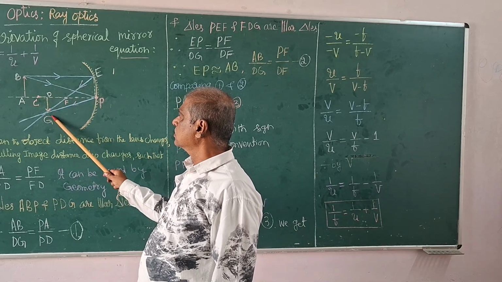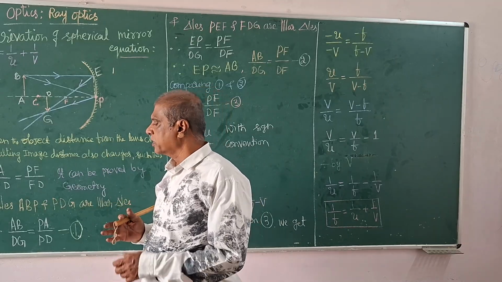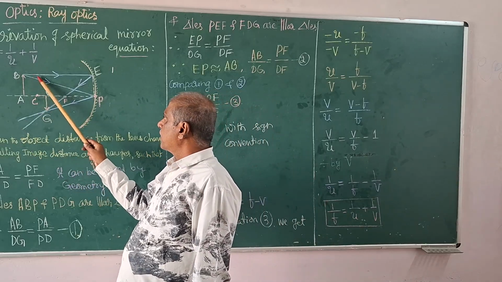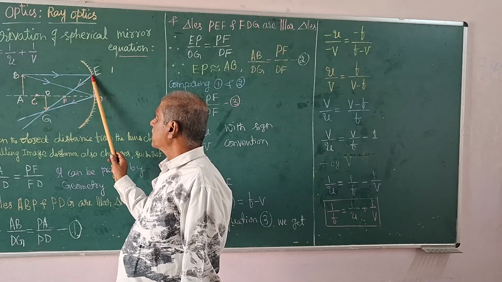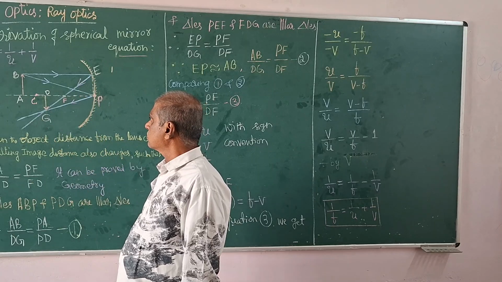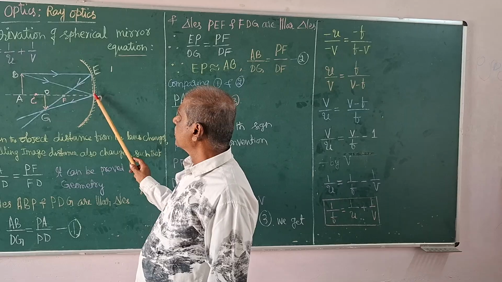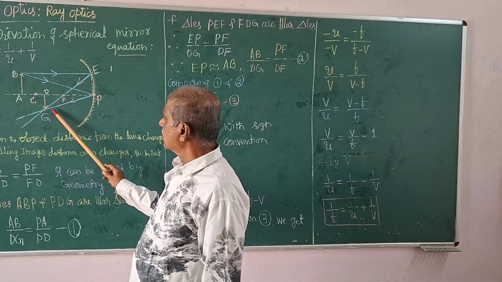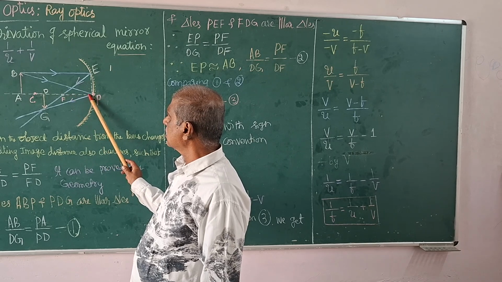To find the location, just recall that we require any two incident rays. I am taking one incident ray parallel to the principal axis. After reflection, it passes through F. Another incident ray reflects at point P. After reflection, it goes in this direction with an equal angle to the principal axis.